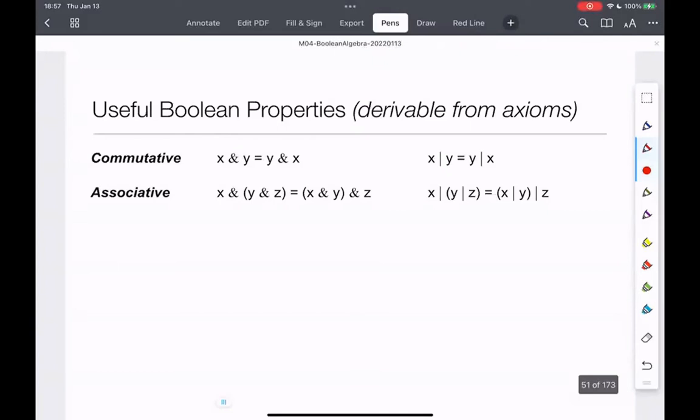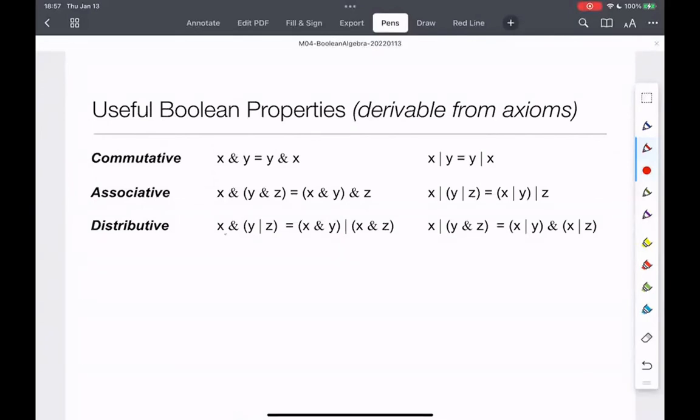Associativity, that is the way we group doesn't matter within each operation. Distributivity: AND distributes over OR, and OR distributes over AND. Now, here there is a difference from our usual algebra. In our normal algebra, A times (C plus D) is AC plus AD, but A plus BD is not (A plus B) times (A plus D), right? So in our regular algebra, distributivity holds only in one of the cases, not the other case.